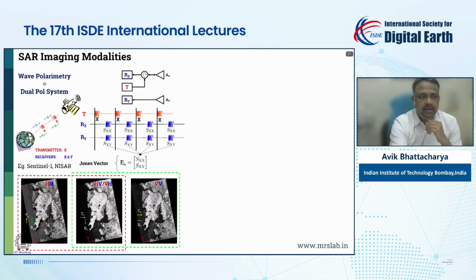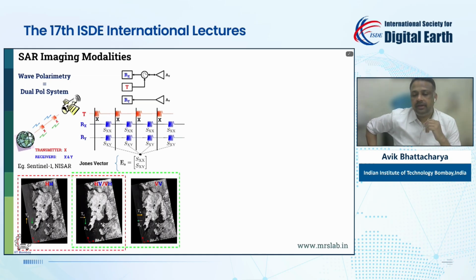There are different SAR modalities. We have the dual-pol SAR system, which we normally use with the Sentinel-1 dataset, or the upcoming NISAR dataset that will be available. The way of treating those datasets is also known as wave polarimetry. The system transmits one polarization and receives the same or the cross of it.